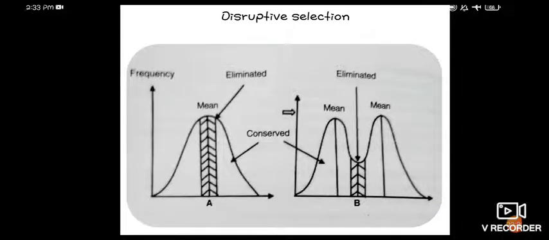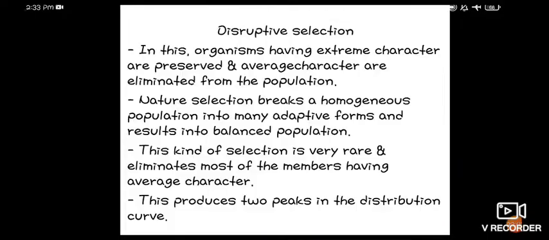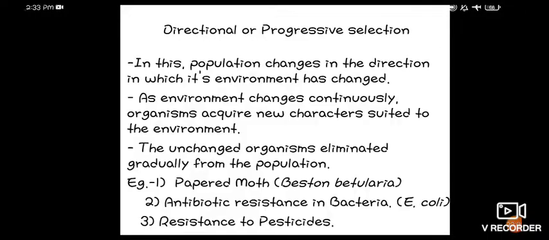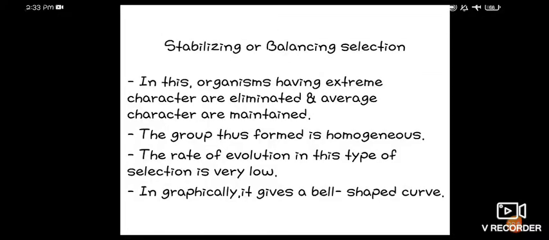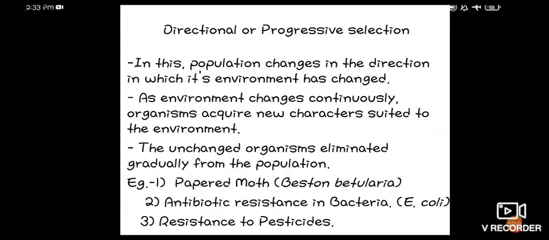There are three patterns: first stabilizing, second directional, and third disruptive. In stabilizing selection, the organisms having average characters are maintained in the population and the individuals with extreme characters are eliminated. It gives a bell-shaped curve.